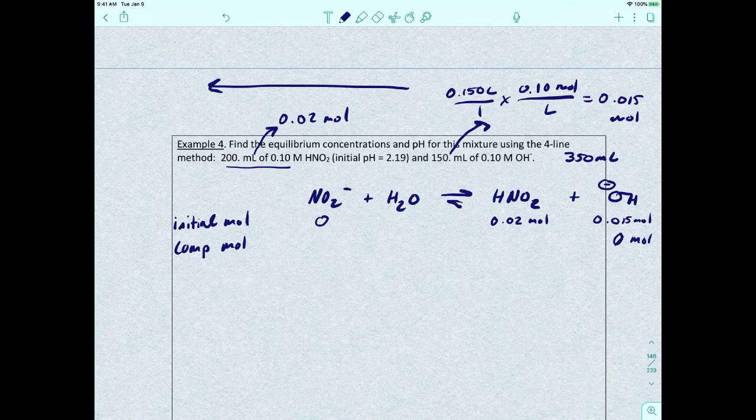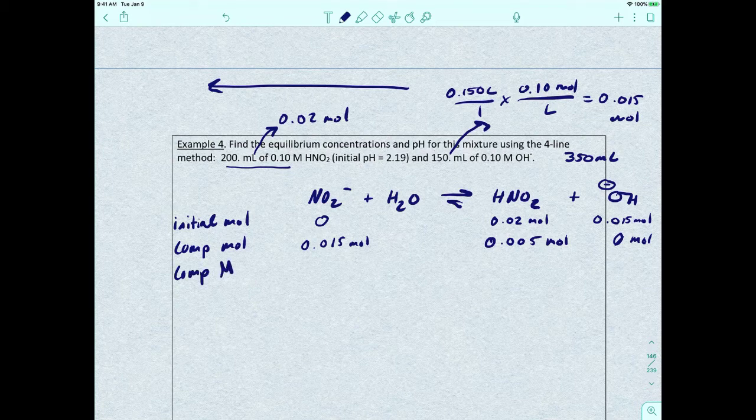But 0.02 minus 0.015, we should have about 0.005 moles left of the acid. Now, since we've used up all the base, that means that we should also form 0.015 moles of NO2 minus as well. So that's the completion moles.